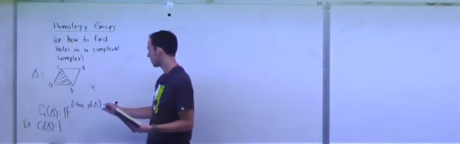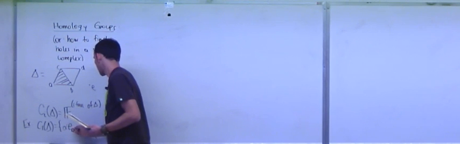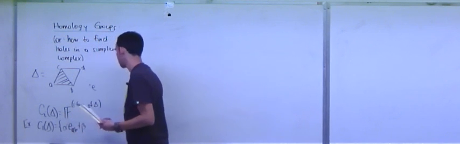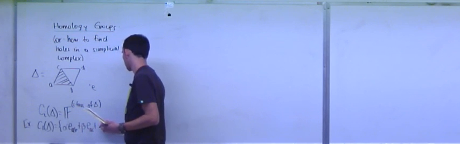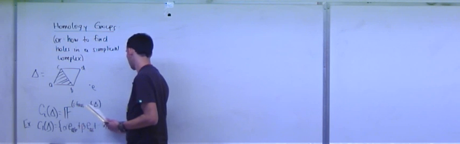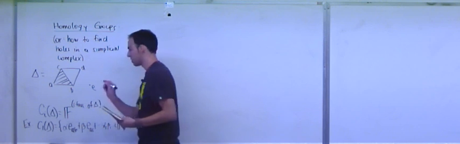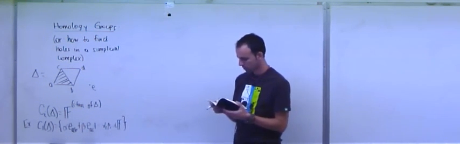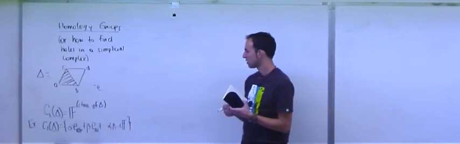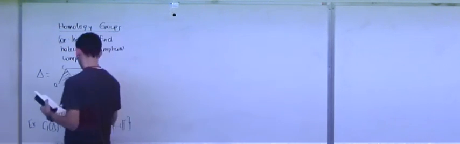The things here are of the form some constant alpha times basis element AB plus some constant beta times basis element AC, etc., where alpha, beta, etc. are scalars in my field. Okay? So that's my vector space.